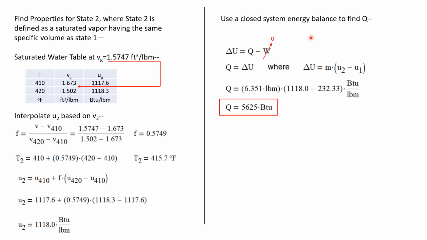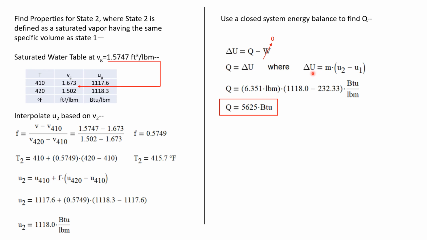Let's find the heat transfer by solving an energy balance. For a closed system where delta KE and delta PE are 0, we can write a closed system energy balance of delta U equals Q minus W. But a rigid tank has no mechanism for doing work, so work is obviously 0. And we can write that Q is equal to delta U, where delta U is a capital U, so that's the units of energy.